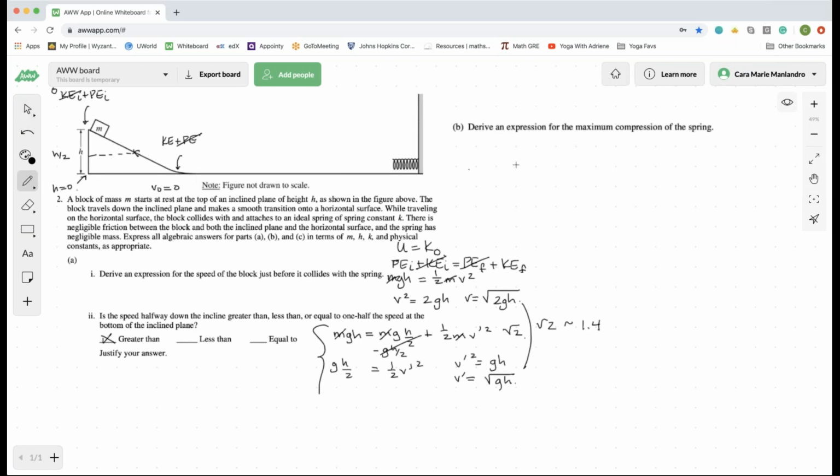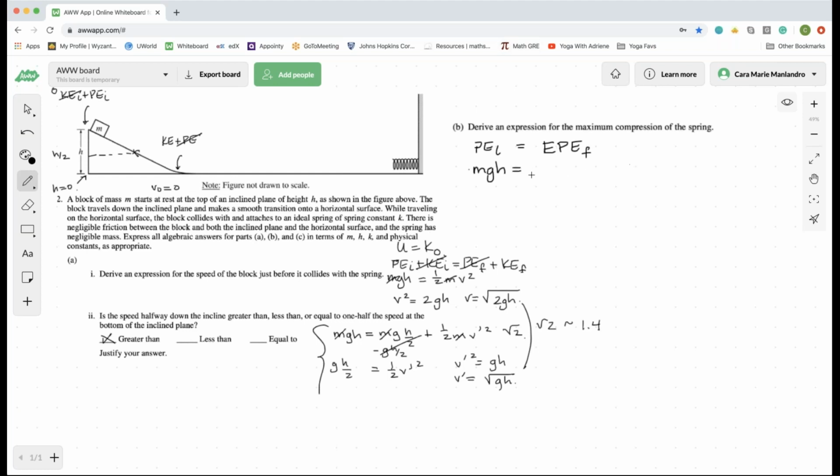Okay, so what I would do is start with what I know, which is potential energy initial, right, which is mgh. And the maximum compression of the spring is your elastic potential energy, and I'll call that final.